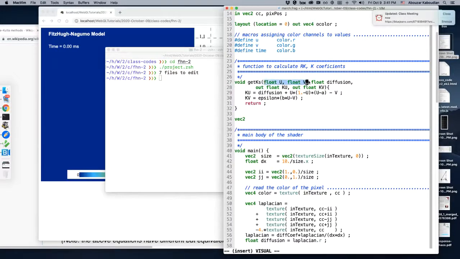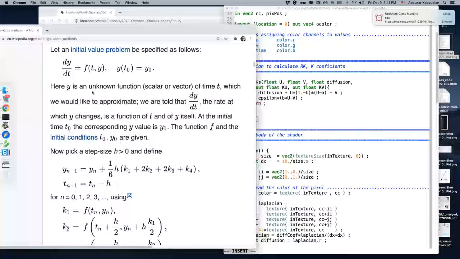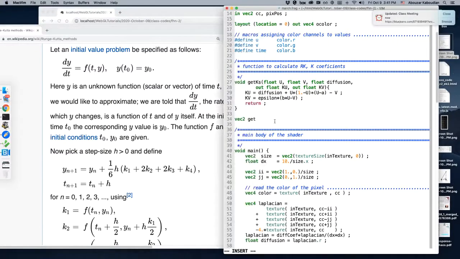And instead of receiving the variables like this, I could receive them as vectors as well, so that I can be closer to this formulation that we had here, because I said that all the y's could be treated as vectors.